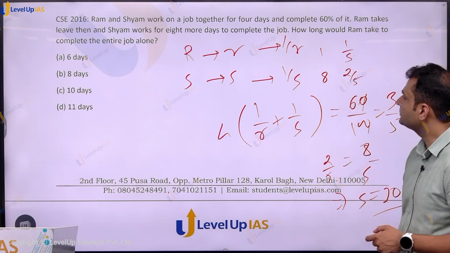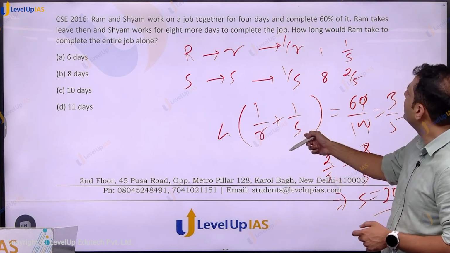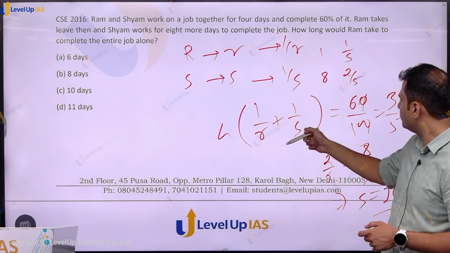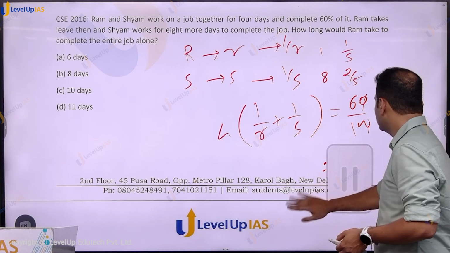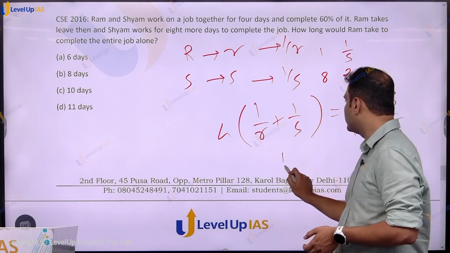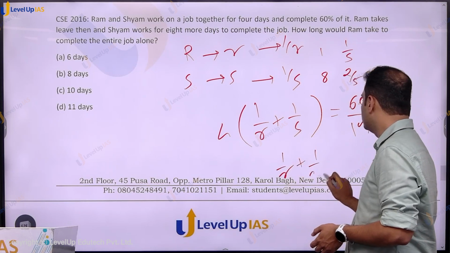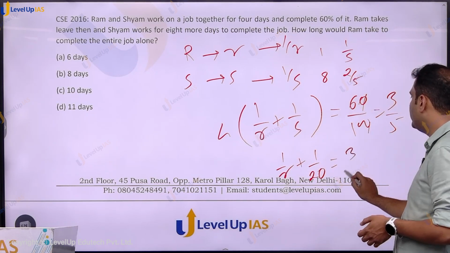If you put that value of S here, you will get the value of R. Let us do that. If you put the value of S in this equation, you will get 4 times 3 by 5 on this side. So 1 by R plus 1 by 20 is equal to 3 by 20.